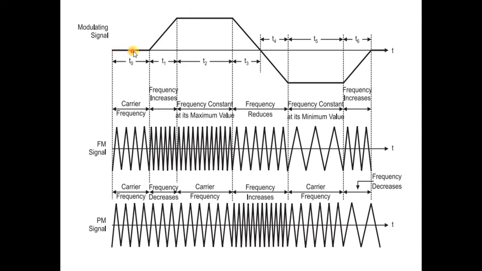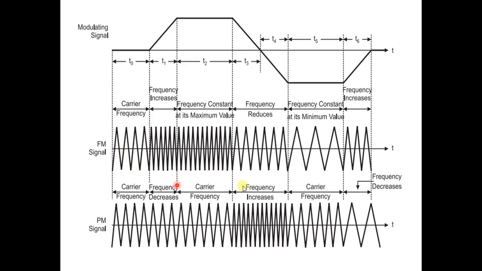The frequency is the rate of change of phase, nothing but the derivative of phase. If the frequency increases, phase also changes more rapidly. Once the frequency decreases, phase angle starts to lag behind the carrier phase signal.